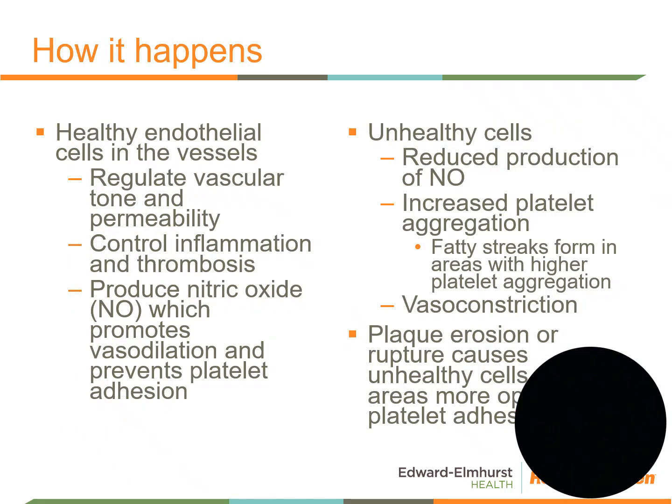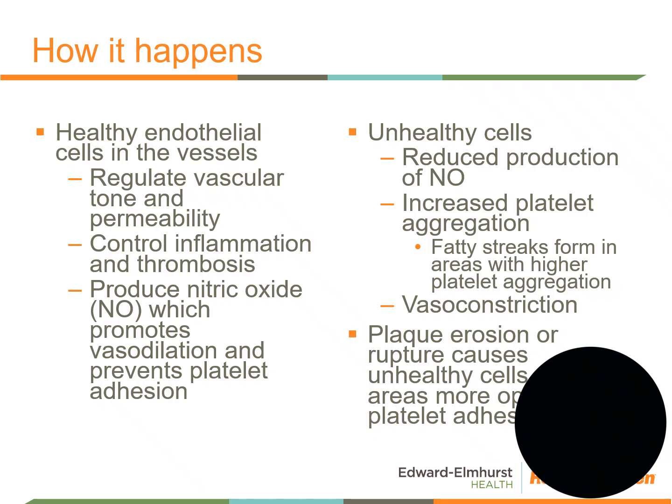So how does this happen? We've got healthy endothelial cells in the vessels. They regulate vascular tone and permeability. They control inflammation and thrombosis and produce nitric oxide, which promotes vasodilation and prevents platelet adhesion. Unhealthy cells have reduced production of nitric oxide, and they increase platelet aggregation.